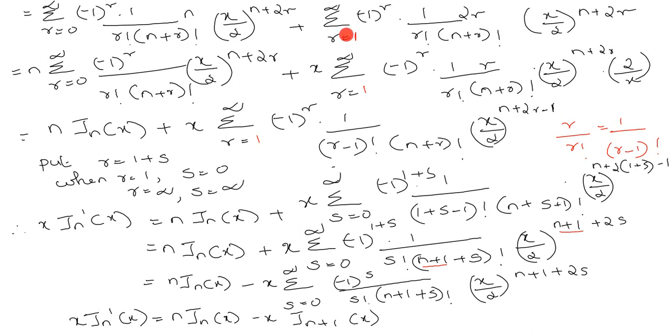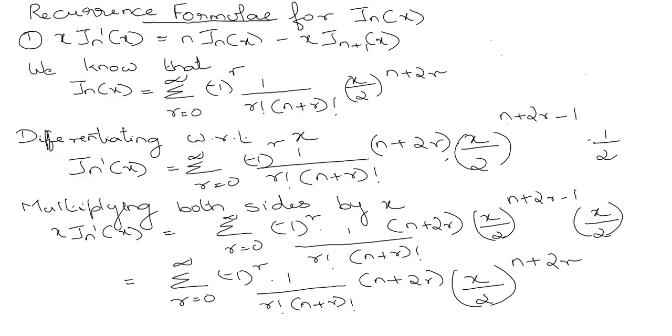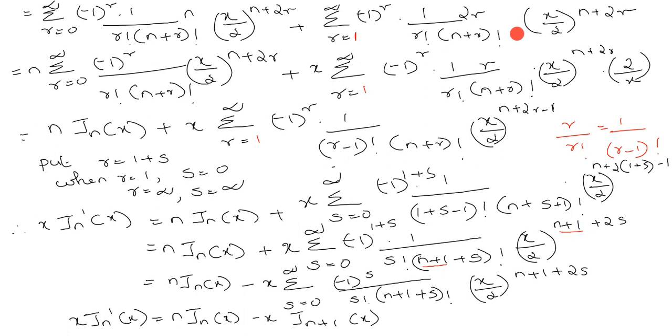Here we have changed the limit from r = 0 to r = 1 because for r = 0 this term vanishes, is it not? So we are changing the limit from r = 1 to infinity, (−1)^r into 1 by r factorial into (n + r) factorial into 2r into (x/2)^(n+2r).